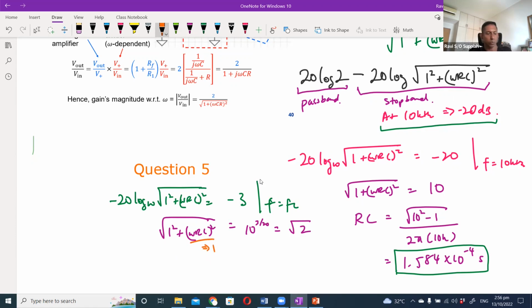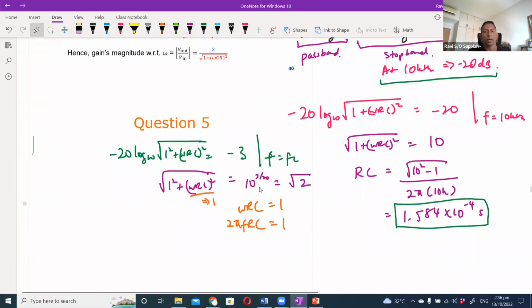Then you will get root 2. So we can say that omega RC must be equal to 1, which is 2 pi f RC equals to 1. With that we can find f, in this case FC equals 1 over 2 pi RC, which is actually the same formula that we saw in our studio handout.